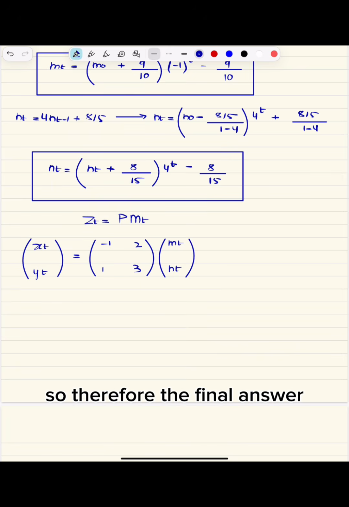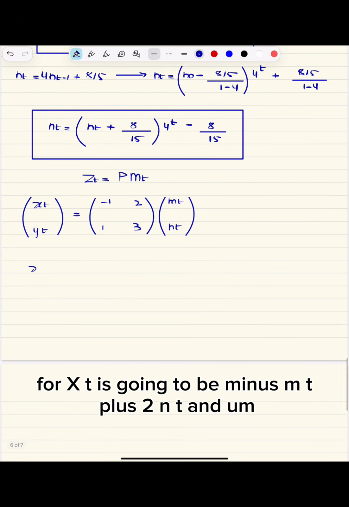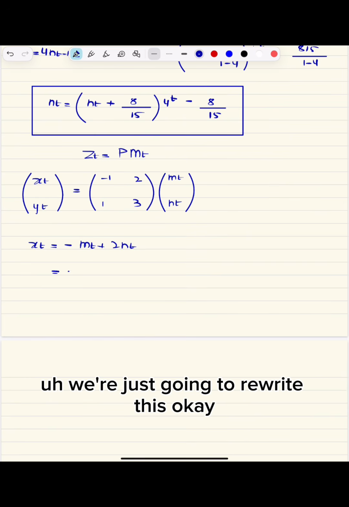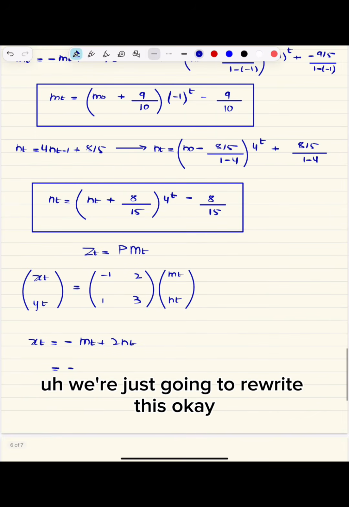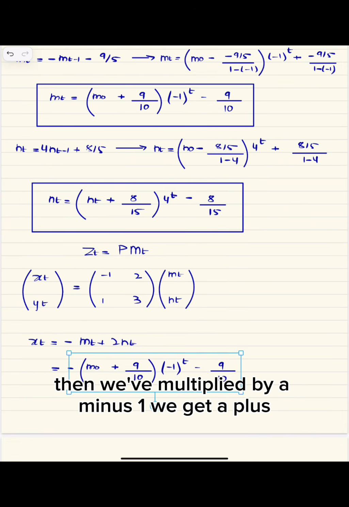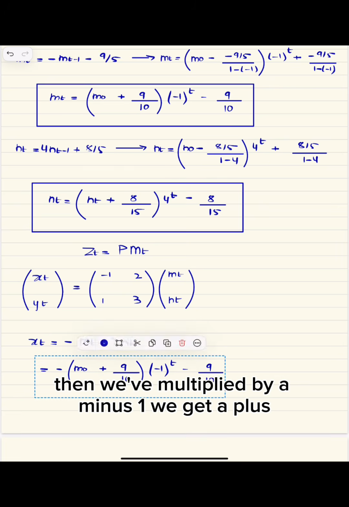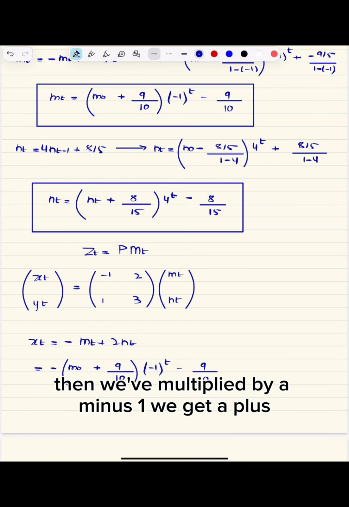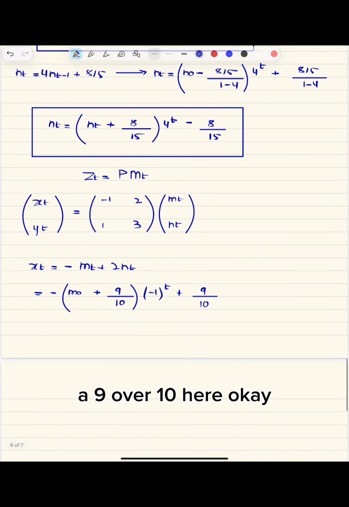Okay, so therefore the final answer for x_t is going to be minus m_t plus 2 n_t, and we're just going to rewrite this. Okay, when we've multiplied by minus 1, we get a plus 9/10 here.